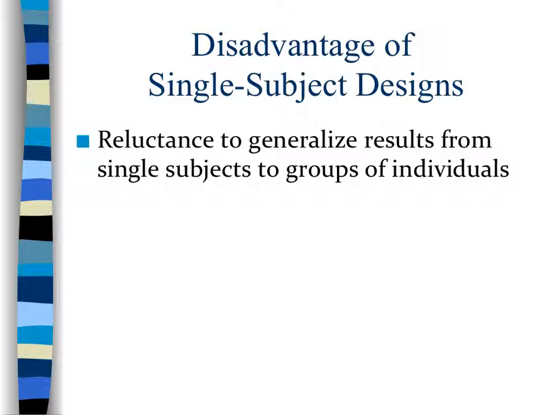Therefore, we have to be really careful that we look for more studies that have worked with a larger group of students before we can confidently say that this particular treatment can be used and it will help a larger group of students or a small group of students also.